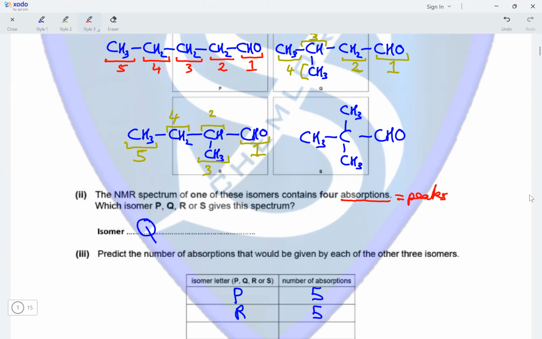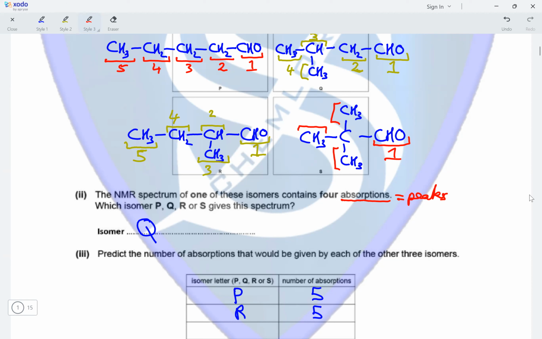Now to look at compound S, we have an environment for CHO. This will be our first environment. We will not have any environment for the carbon attached to CHO because it does not have any hydrogen present on it. Whereas if we look at the three CH3 groups present, this CH3 is attached to a carbon atom. This CH3 group is also attached to a carbon atom, and this CH3 group is also attached to a carbon atom.